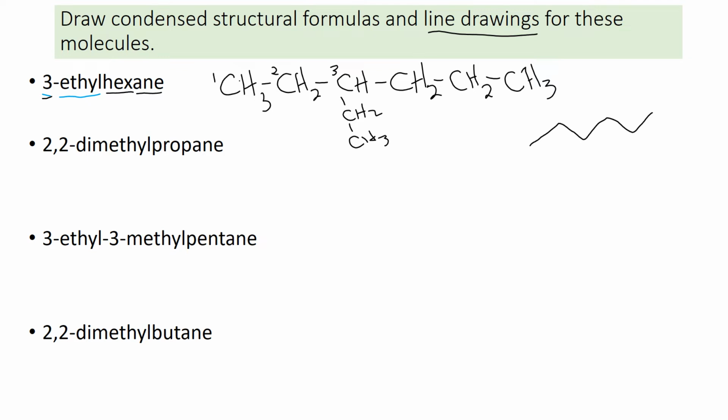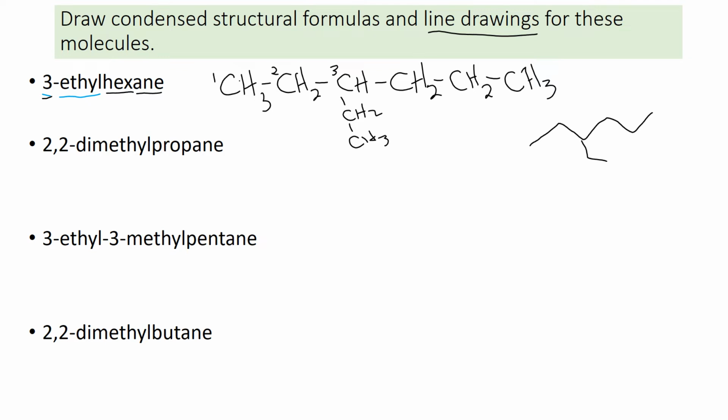And then on carbon number 3, 1, 2, 3, I'm going to draw 2 more carbons. So that's the line drawing. And remember, every end or joint represents a carbon. The hydrogens aren't shown because you can easily fill them in by knowing how many hydrogens to make 4 bonds on a carbon.